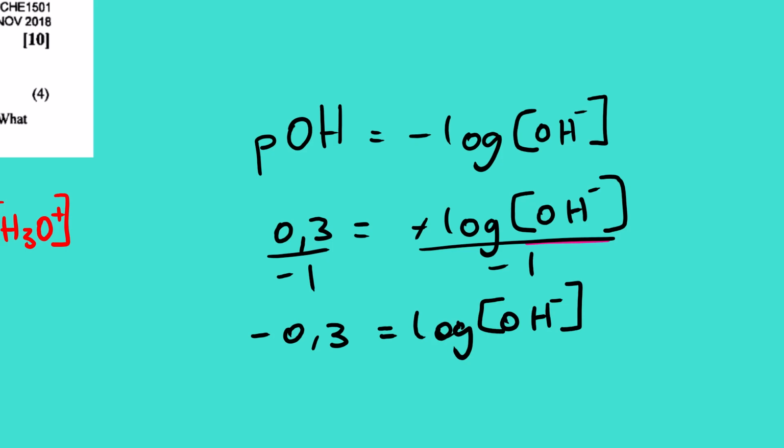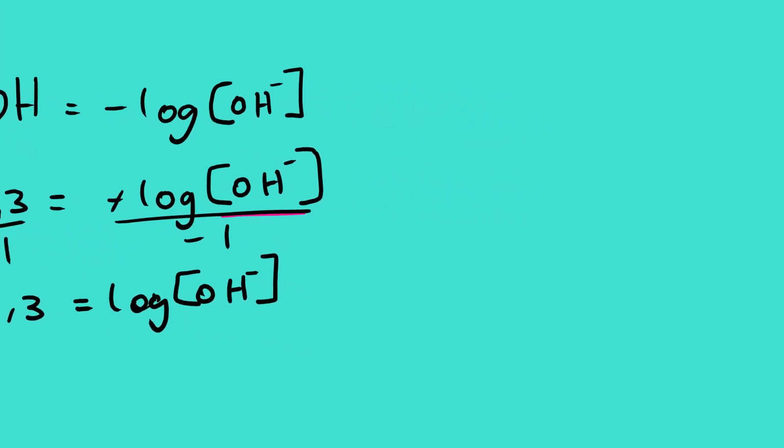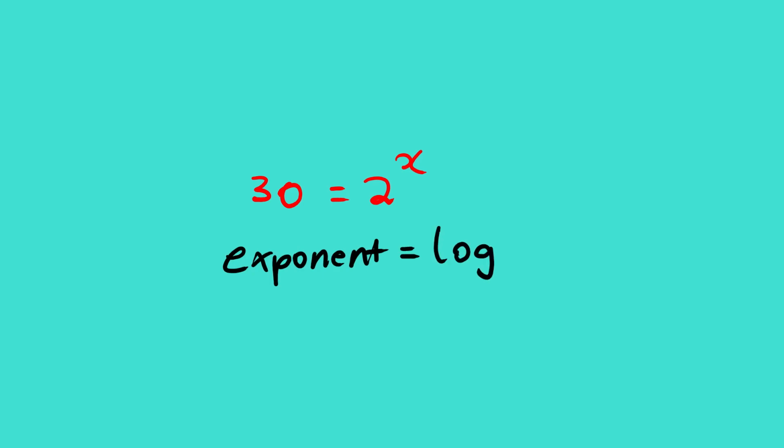Now in this case we need to know how to use the laws of exponents to reverse this equation. Just to go through the basics quickly, suppose we have an expression like this: 30 is equal to 2 to the power x. How can you solve for this power? We need to introduce logarithms. To introduce log, the equation is: exponent is equal to log base number.